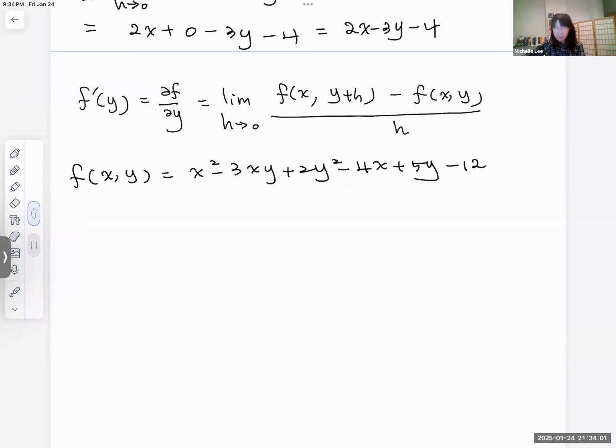This time we substitute y plus h when we see the y, and x is just x. Okay, let's do it.